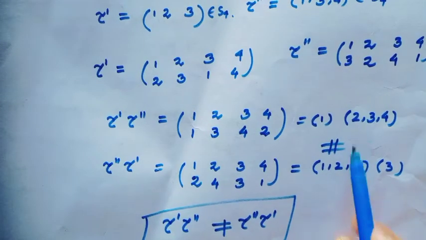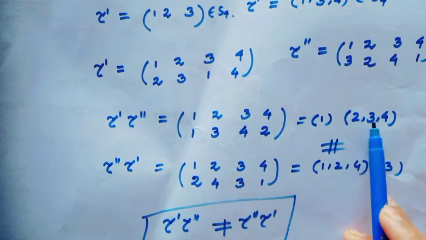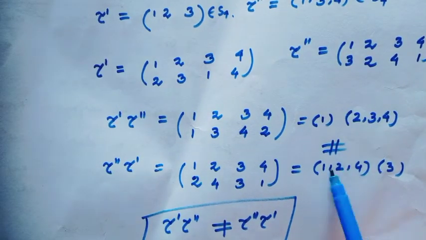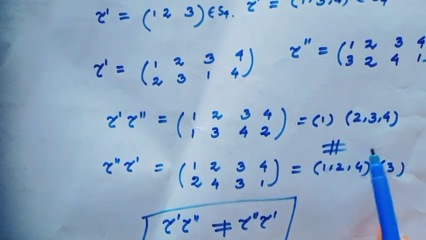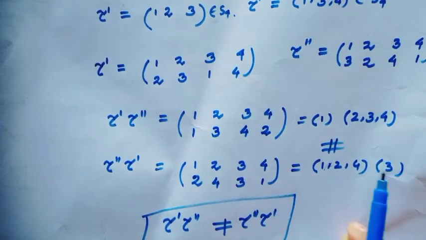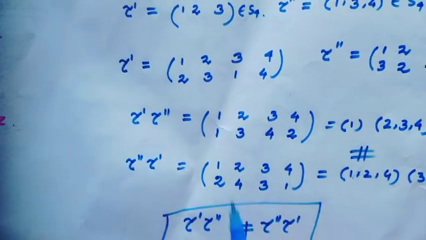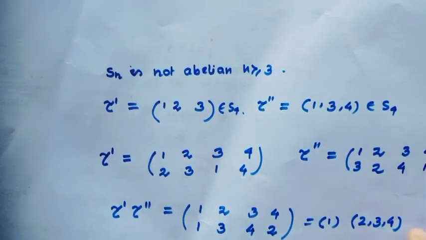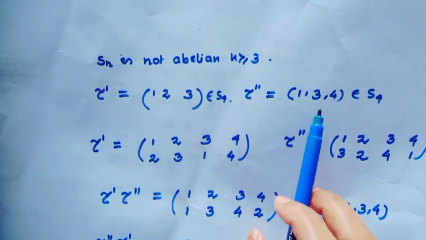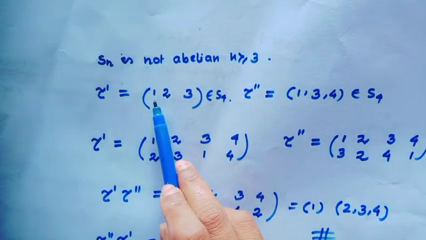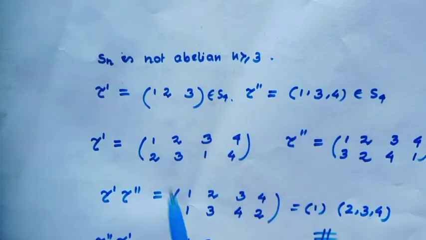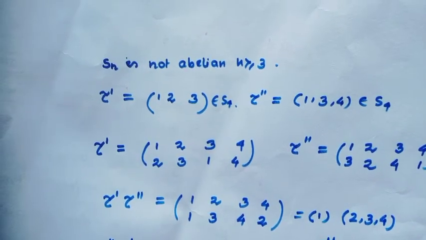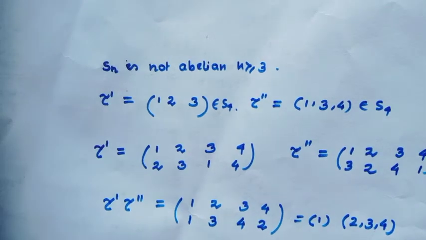Here the cycles (2 3 4) and (1 2 4) have different elements, so the result is not the same, here not disjoint. So tau dash tau double dash does not commute with tau double dash tau dash. Why? Because here the cycles are not disjoint, because in the cycles both have common elements. So S4 actually is not an abelian group.